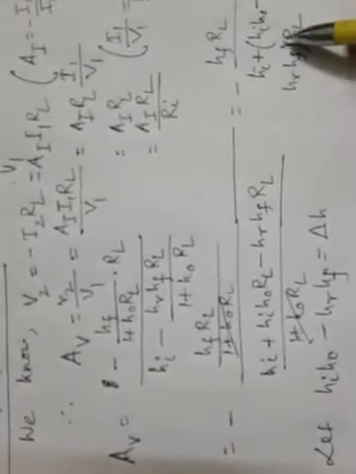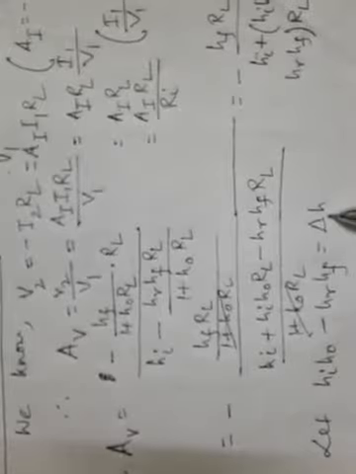Now let Hi Ho minus Hr Hf be put as delta H. That means a change in some H parameter value, because all the H parameters are involved in this term.